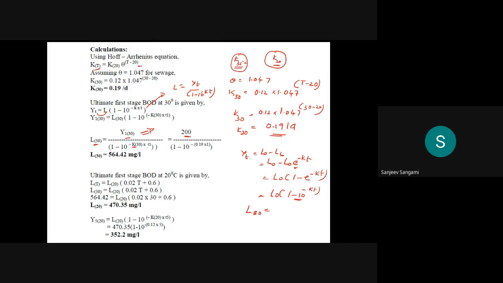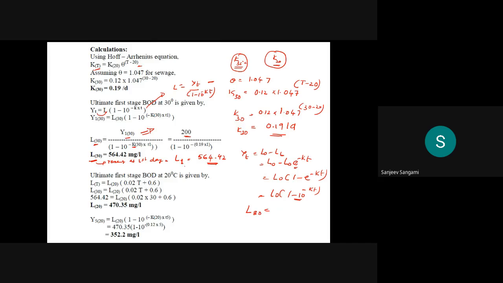Suppose you want to find out for the fifth day; before going for the fifth day, first calculate what will be the BOD remaining at the first day, that is L1, 1 day. You have to use this equation. Once you use that equation, you are getting 564.42.